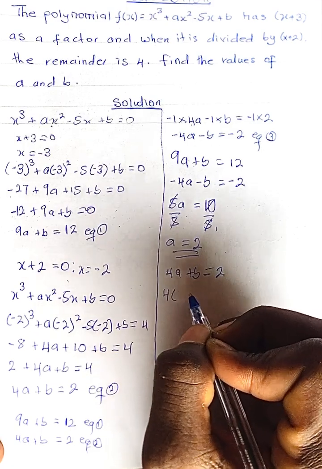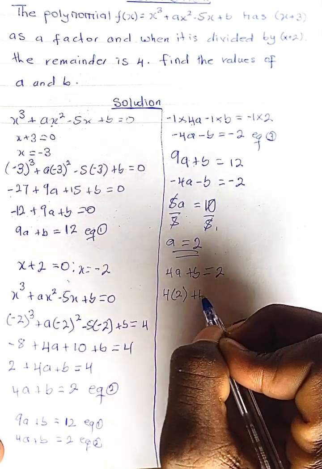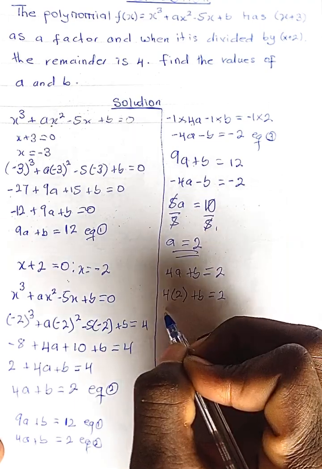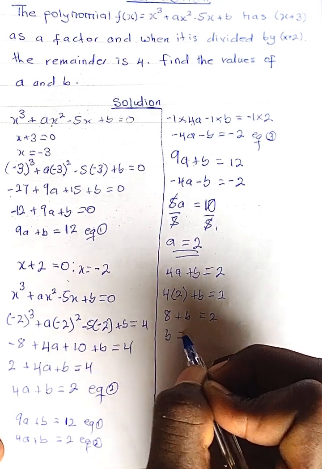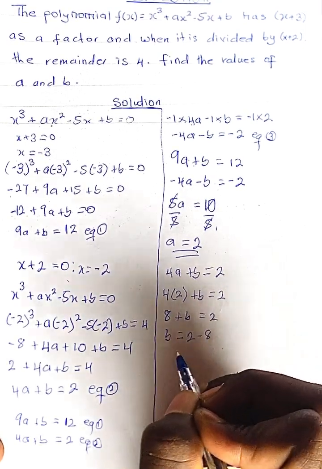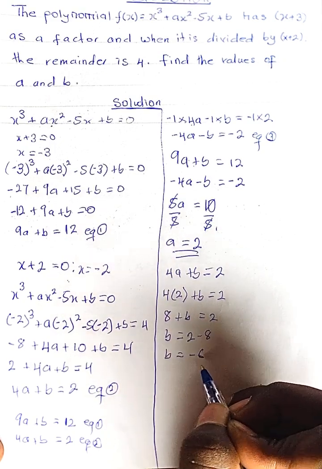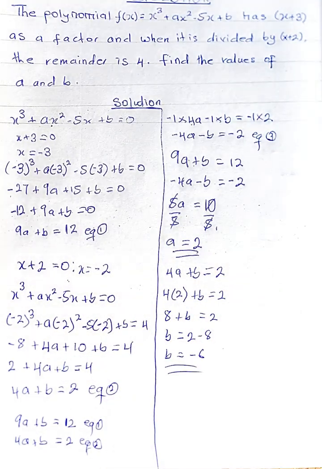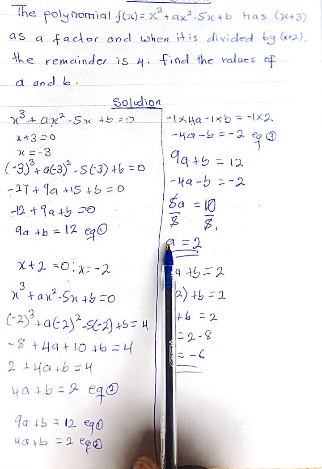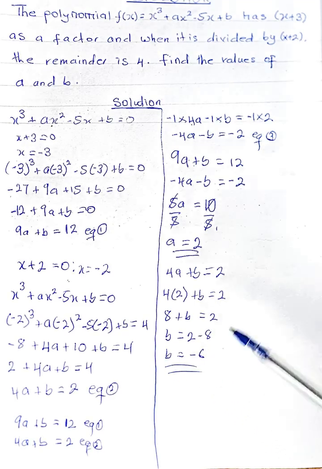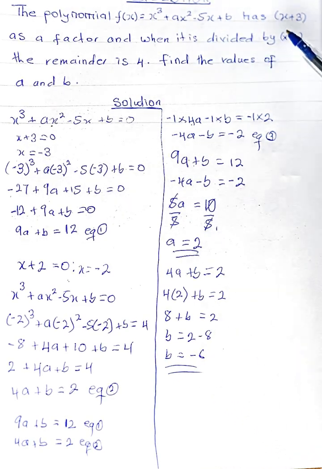So we have 4 into bracket 2 plus b is equal to 2. 8 plus b is equal to 2. So b is equal to 2 minus 8. b is equal to negative 6. So these are the values of a and b. When you plug these into the polynomial function, we are going to get the answers in the question. But because of time, we cannot check it.